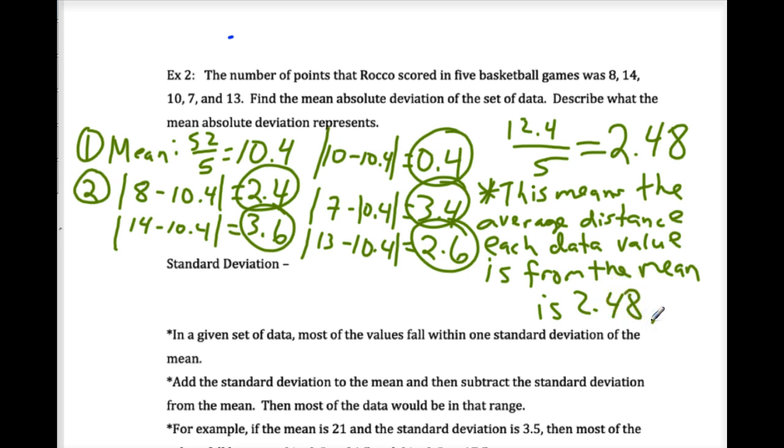Write one sentence like that, guys, when you do your homework. This means that the average distance that each of his data values, each of his points scored, is from the mean is 2.48. Again, you only have a couple of those to do tonight.